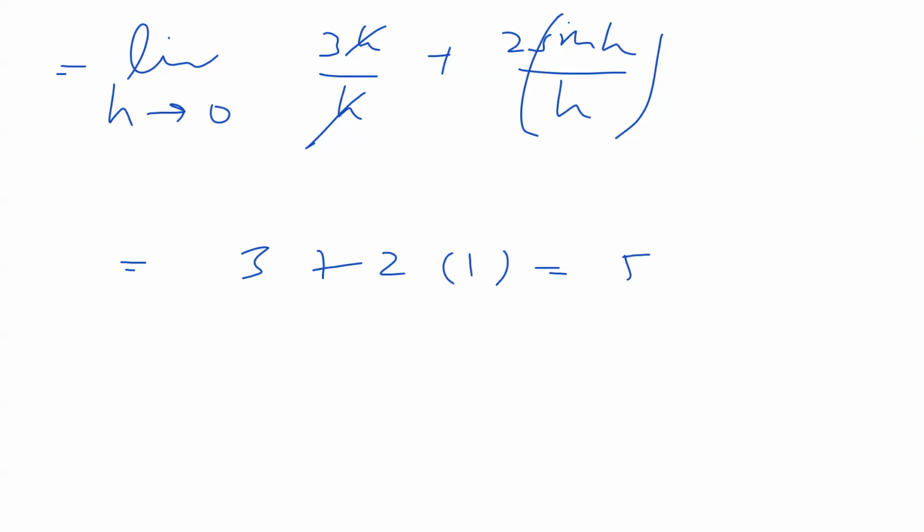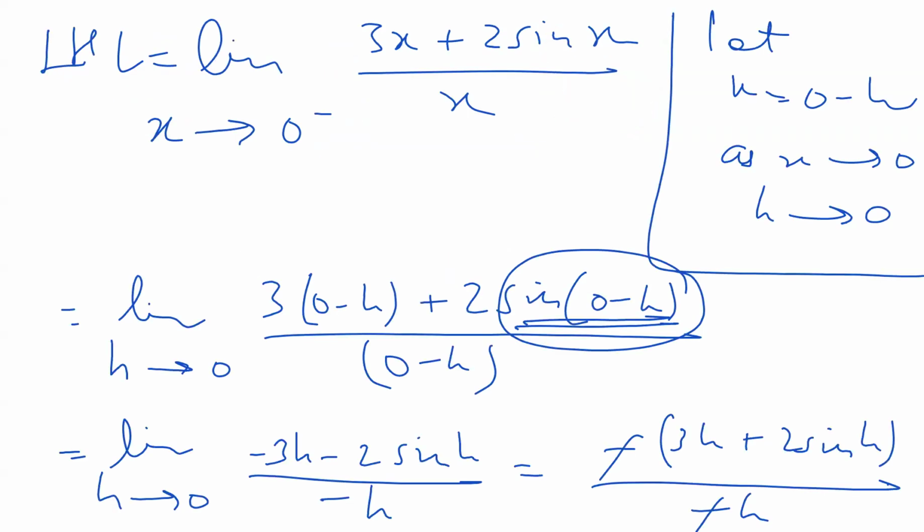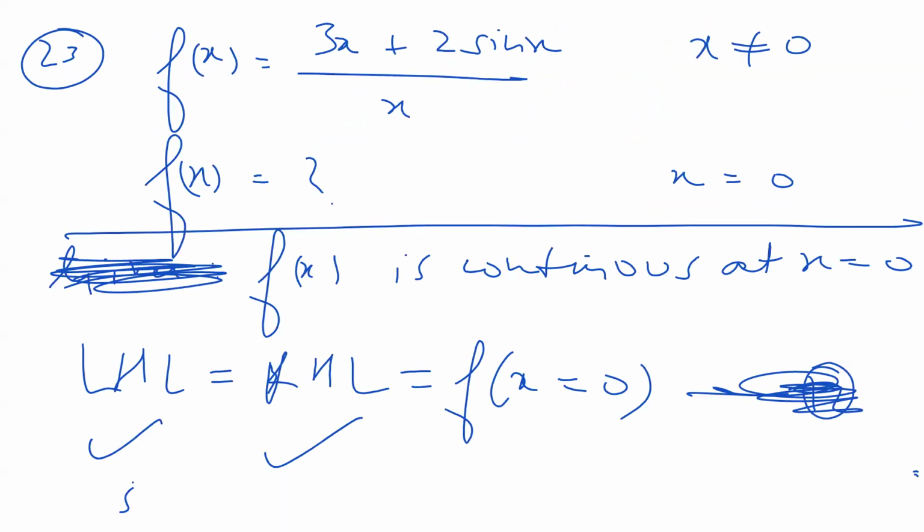So I think this function is pretty much continuous, because both LHL and RHL are equal. Both are 5, but then this value is not given to us.